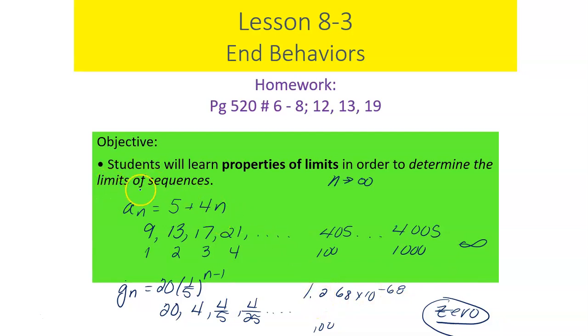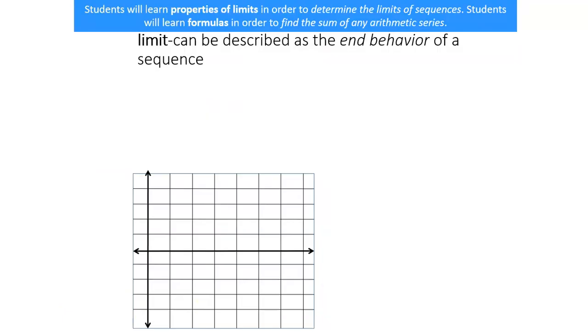So the first sequence is called divergent because it doesn't go to a number, and this sequence is called convergent because as the terms get larger, the term itself gets closer to 0.